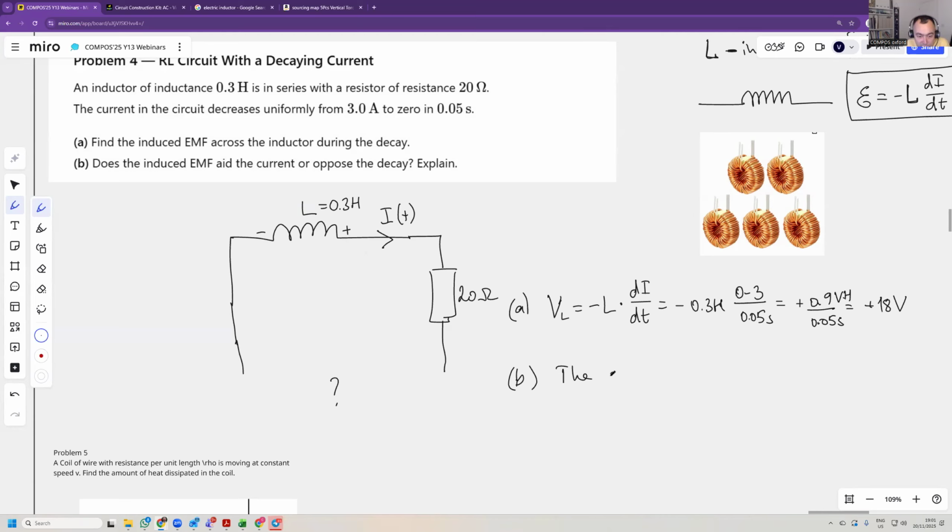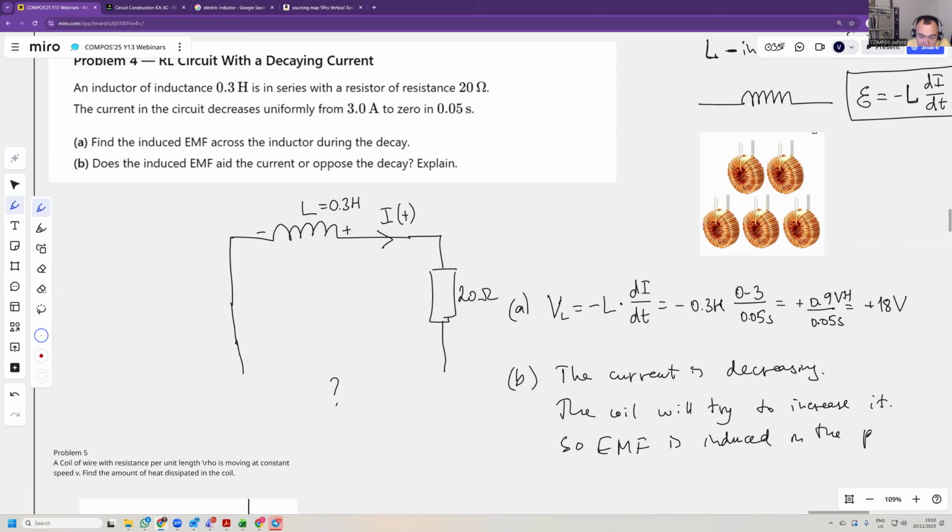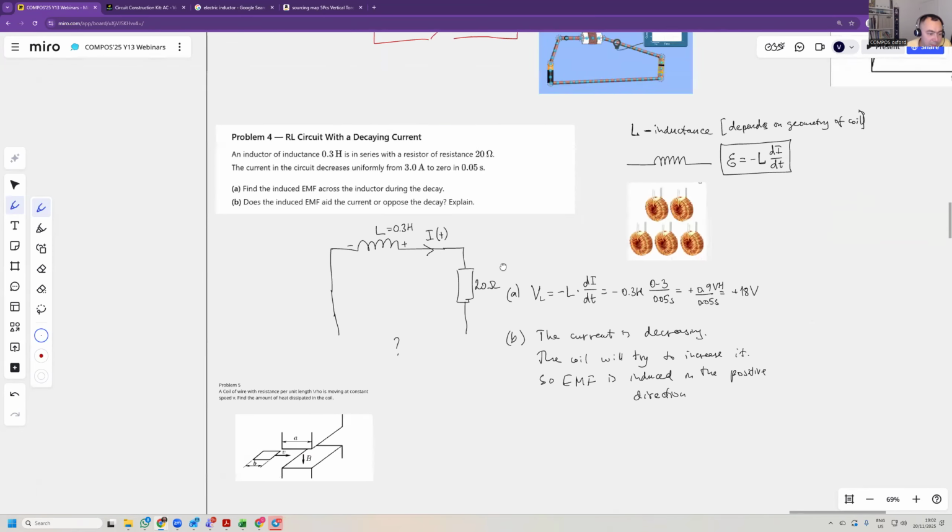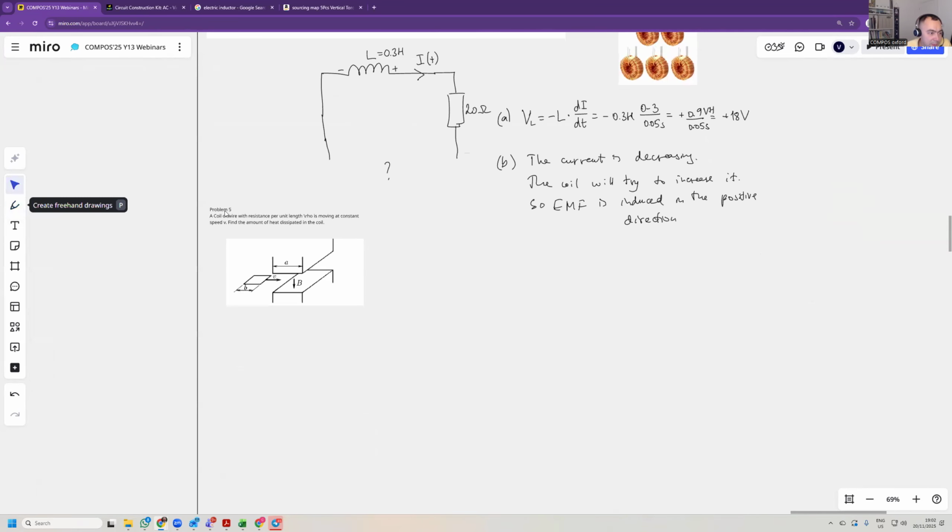The current is decreasing, the coil will try to increase it. So EMF is induced in the positive direction.